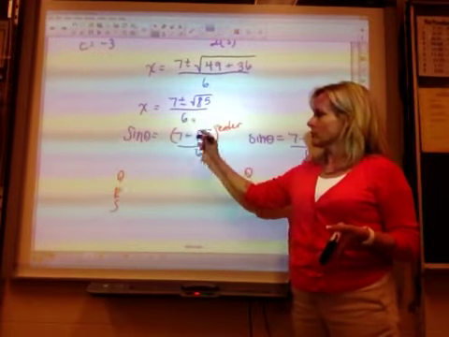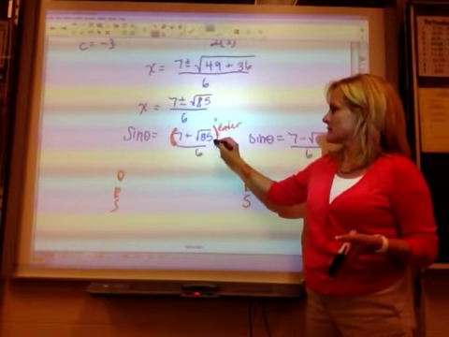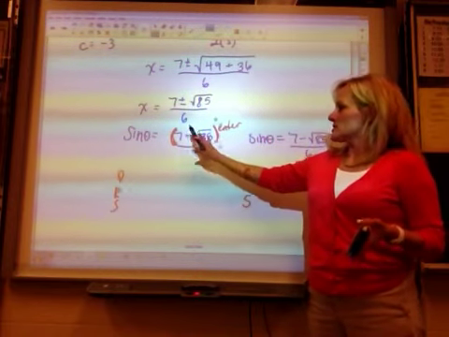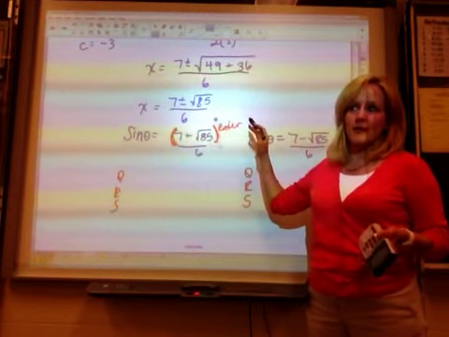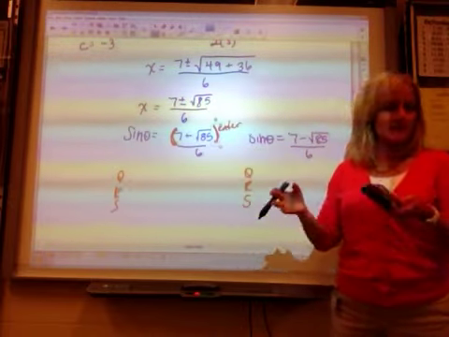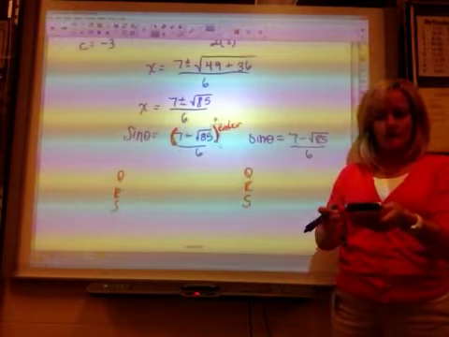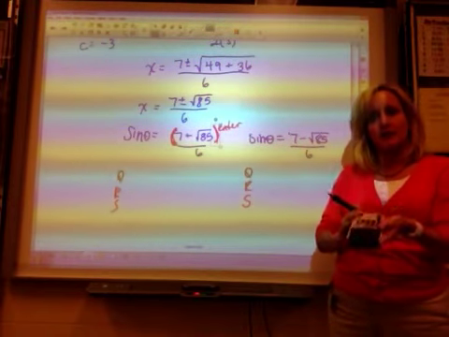Because if you don't put parentheses around this, before you hit divided by 6, you're going to get it wrong. So take care of yourself. Put the numerator in, hit enter. So I'm just going to do 7 plus radical 85, enter, divided by 6, enter.